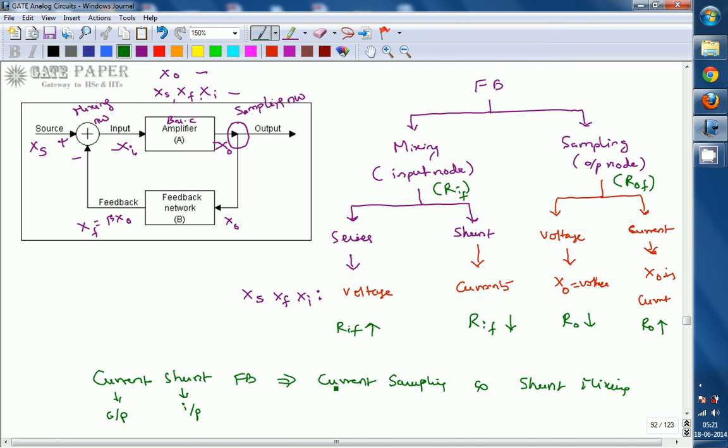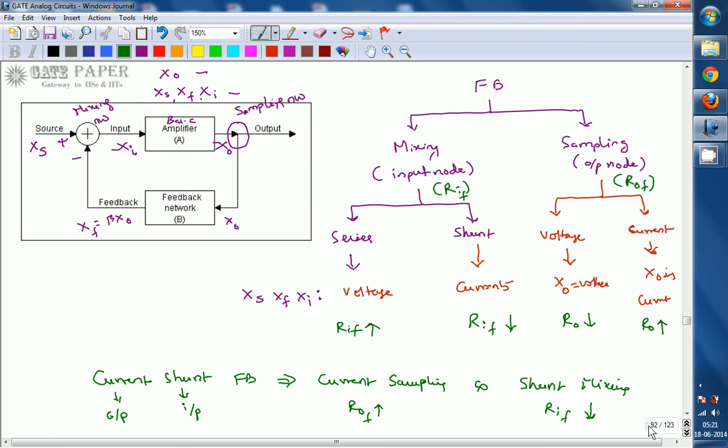Current sampling means R0 increases. Shunt mixing means RIF reduces. So output impedance increases and input impedance decreases.